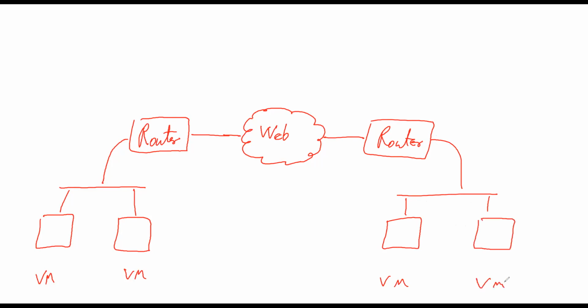All right, so now let's think of the logic. First, we need to specify a network. So this is going to be the 10.0.7 network. So this is 10.0.7.1. And then this one is going to be 10.0.7.8.